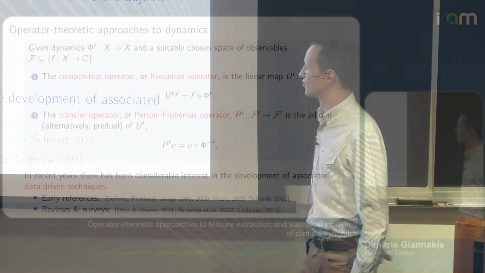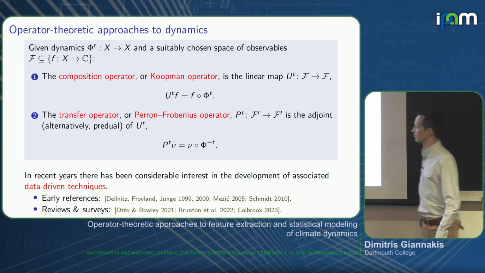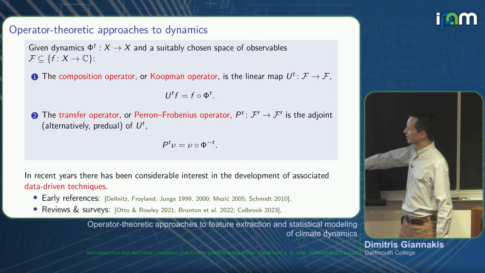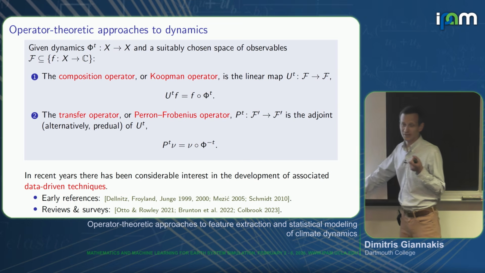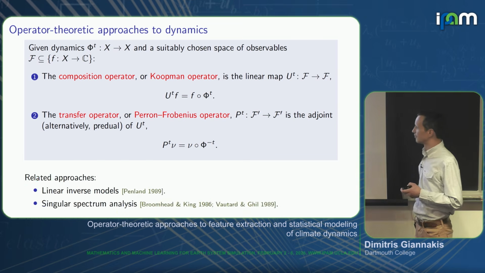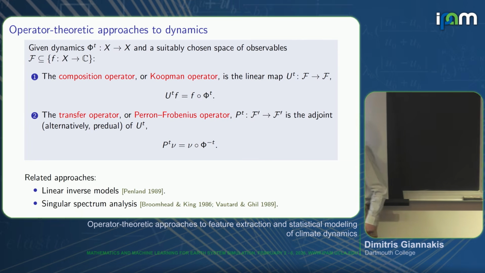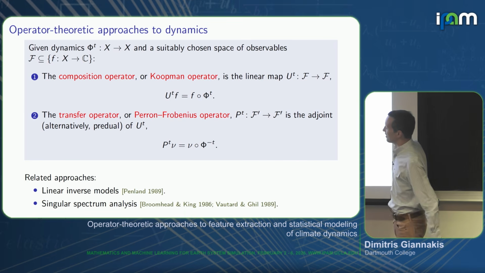These are just a few examples if you want to look into this in more detail in the literature. Some of the early papers were, for instance, on the transfer operator literature by Gary Froyland, who's here in the audience. And there are also related approaches which are relevant for climate dynamics, or I should say Earth system dynamics.